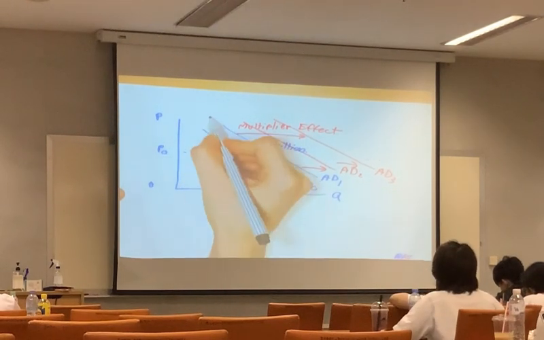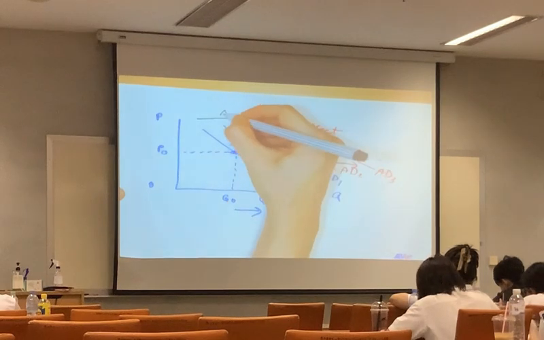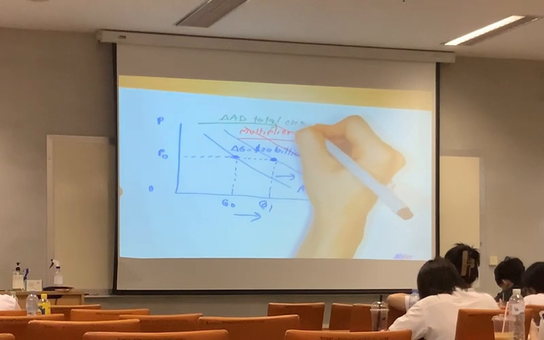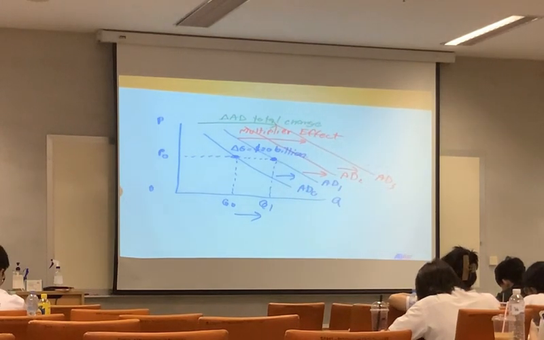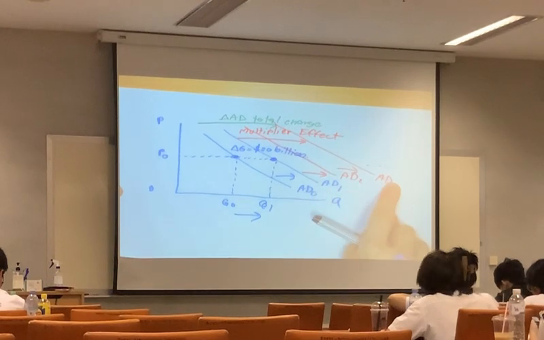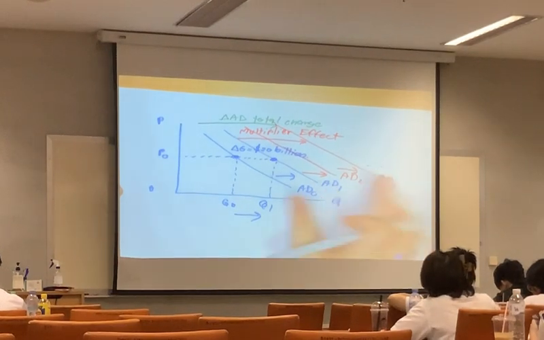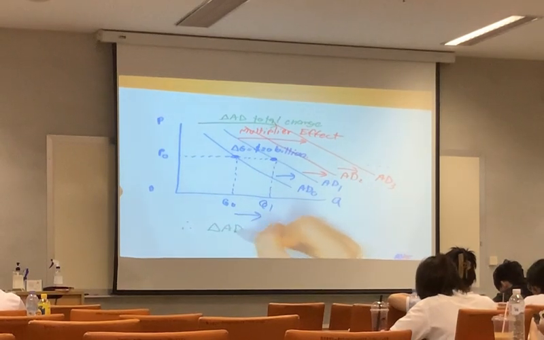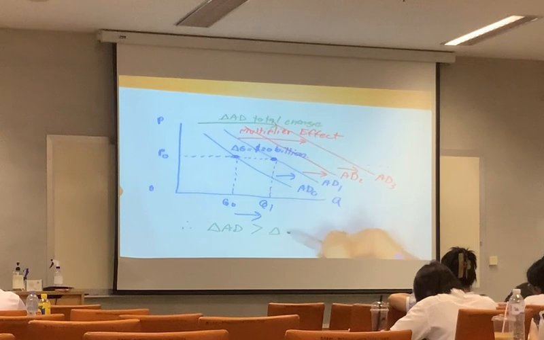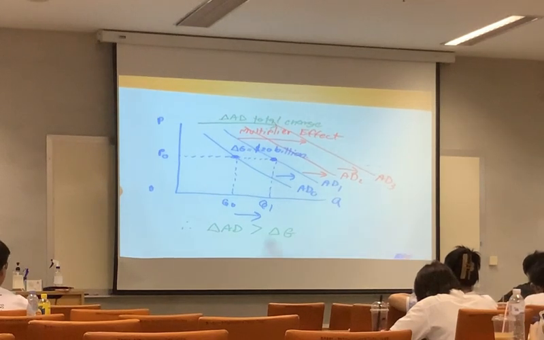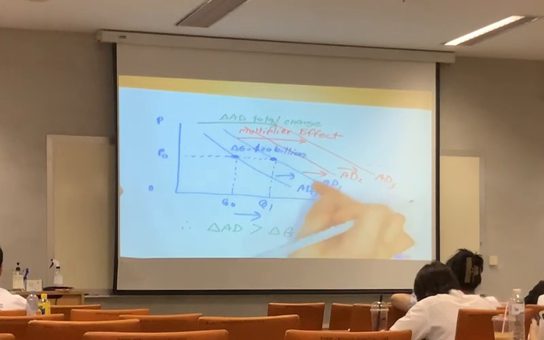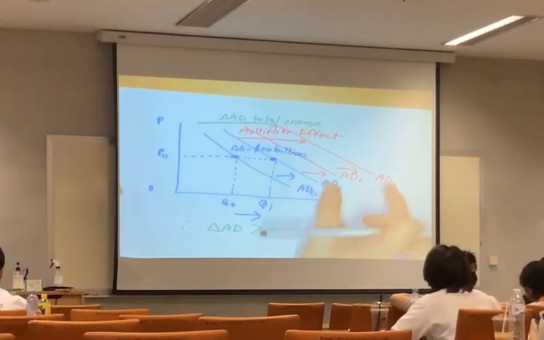How long is the total chain? This one, the total chain of AD. You know that the total chain of AD is from AD0 to AD3, which right now is quite a bit bigger, right? So we get an AD chain bigger than the G chain, and it can be bigger because of multiplier effects from this gap.